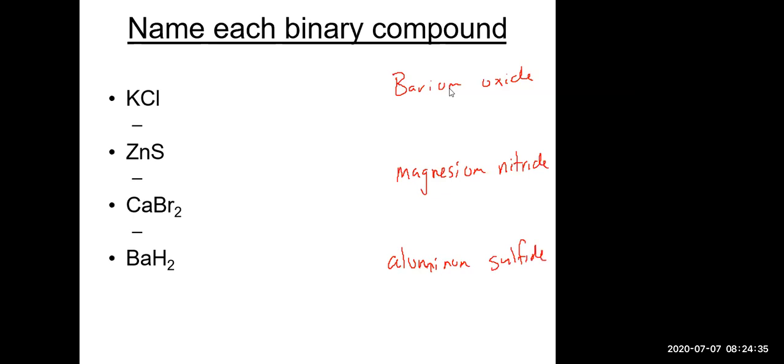So names on the left and on the right. Why don't you write the correct formula for barium oxide, magnesium nitride, and aluminum sulfide and see what you come up with.